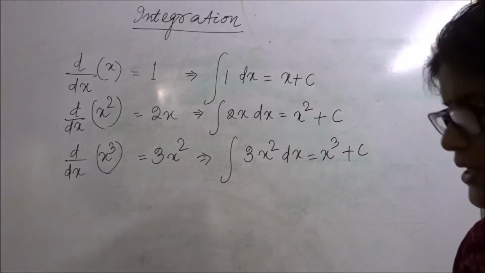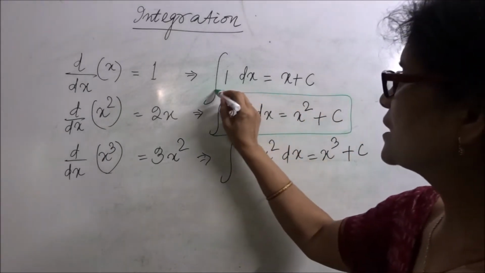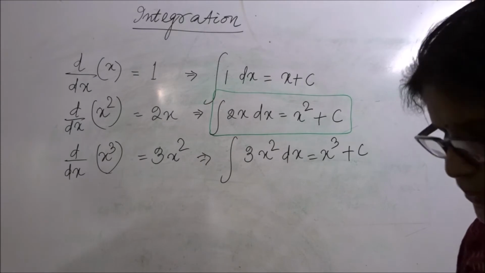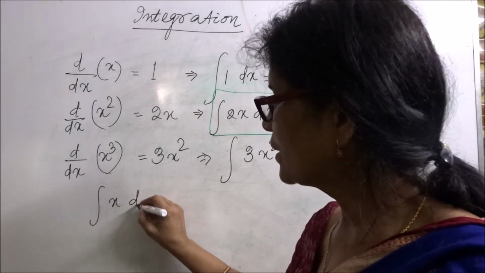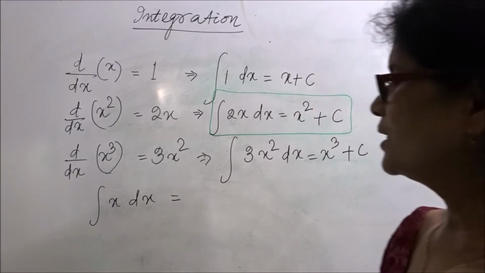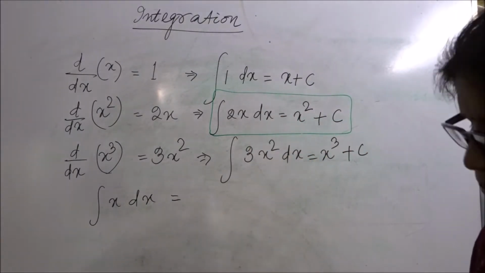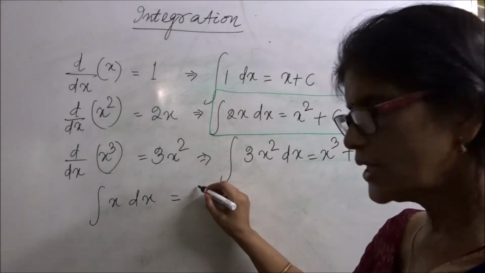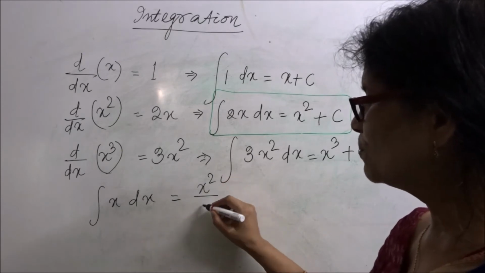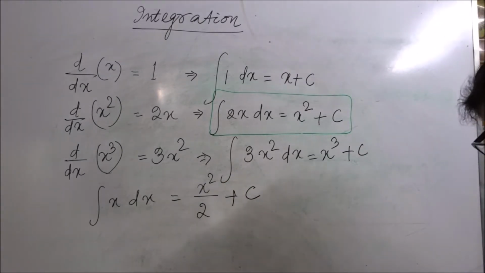Now see this line very carefully. This is 2x integration is x square. But if it would be only x, what should I write? Observe it and tell me. If it is x dx, then x square by 2 plus c. Yes, you are correct, x square by 2 plus c.